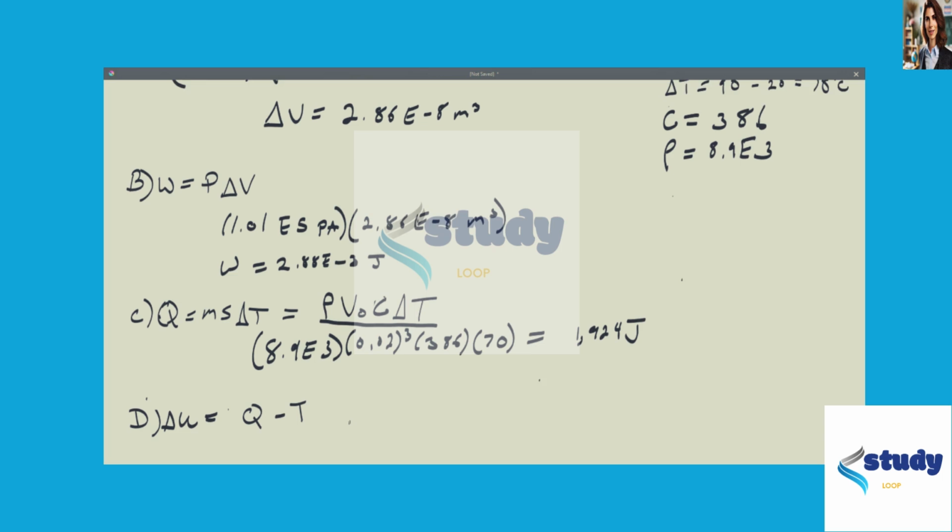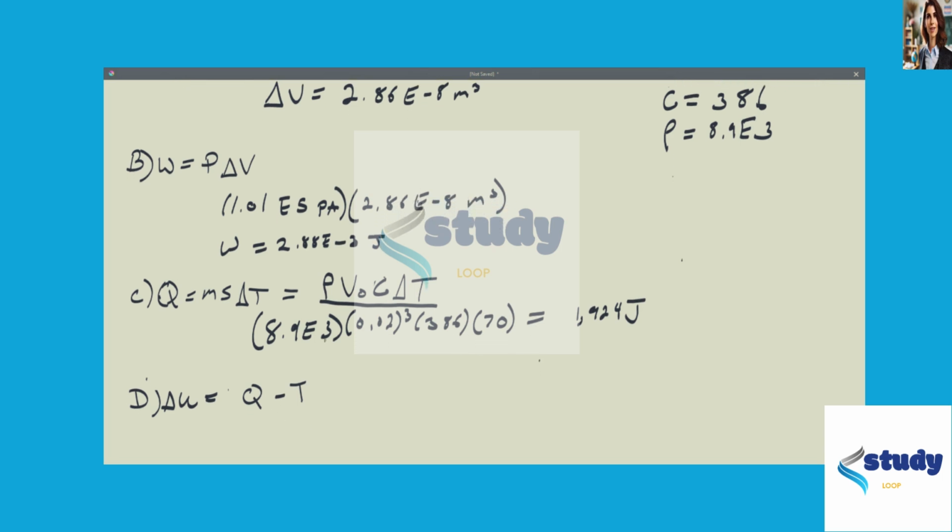Then we're asked to calculate the change in internal energy, which is just the heat minus the work. I guess I wrote that wrong. I was a little confused there for a second. Temperature is not a unit of energy.